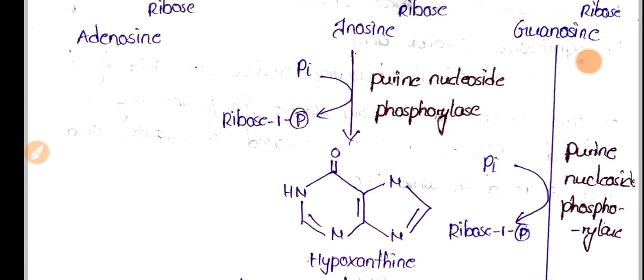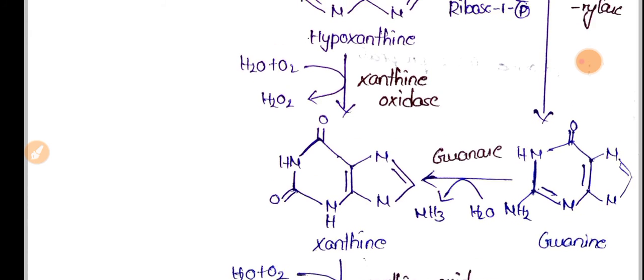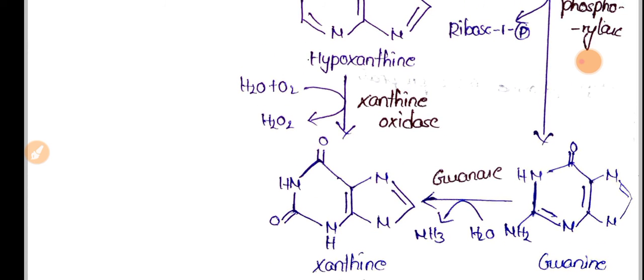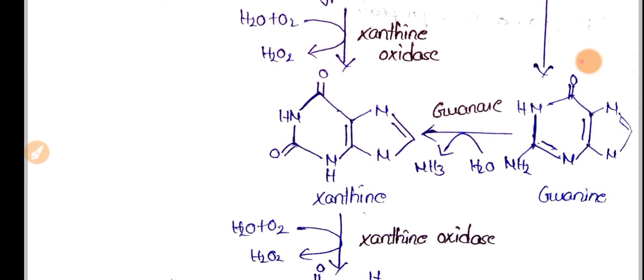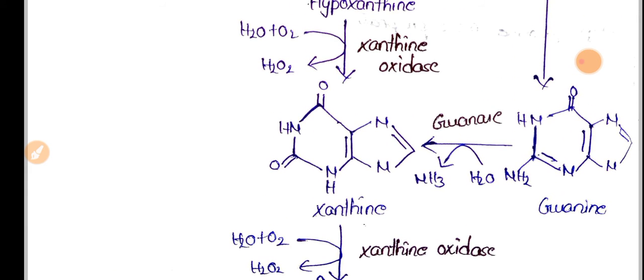And hypoxanthine is converted into xanthine by the enzyme xanthine oxidase, and xanthine is converted into uric acid by again xanthine oxidase. So here xanthine oxidase converts hypoxanthine to xanthine and xanthine to uric acid.